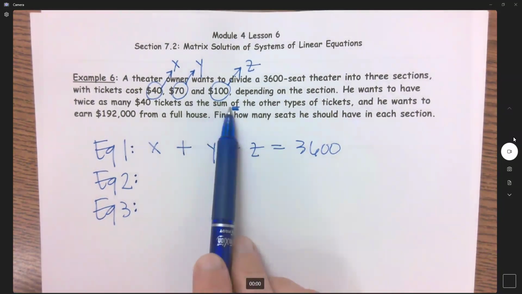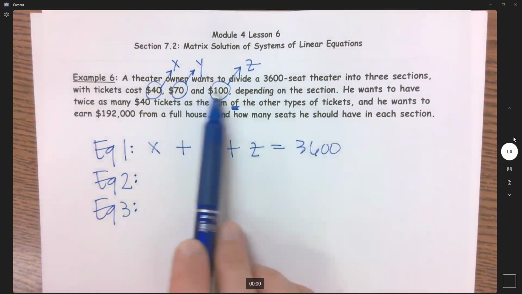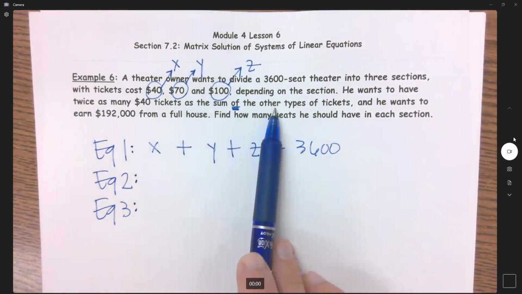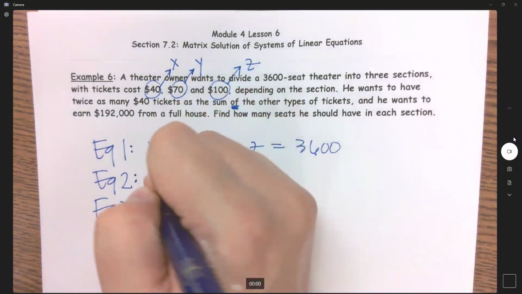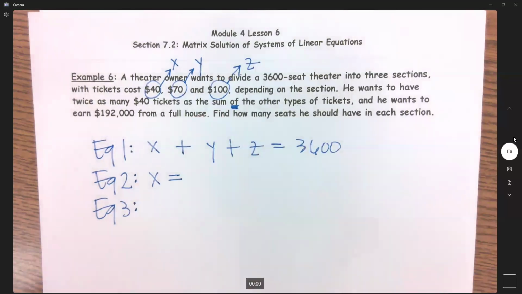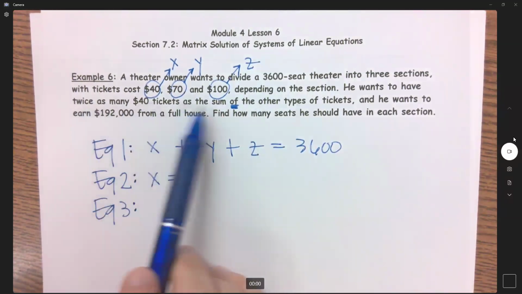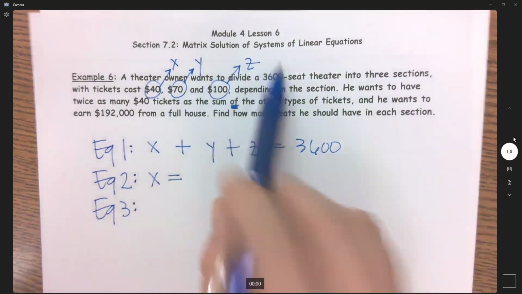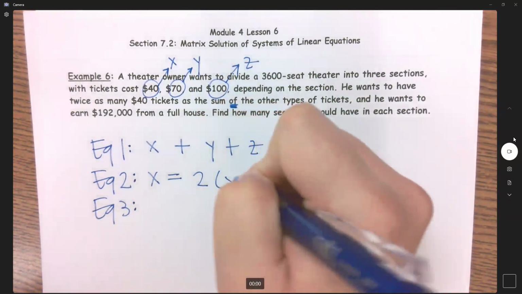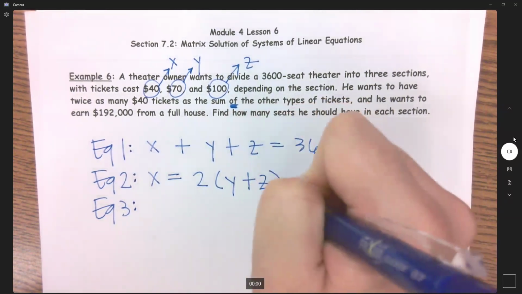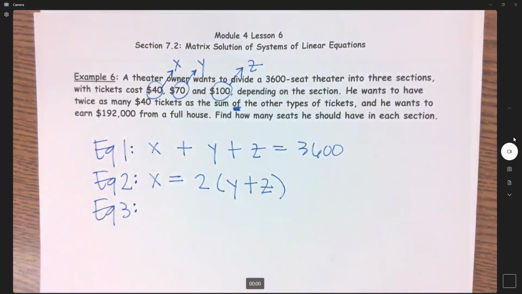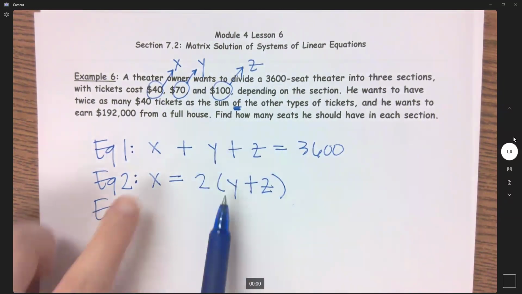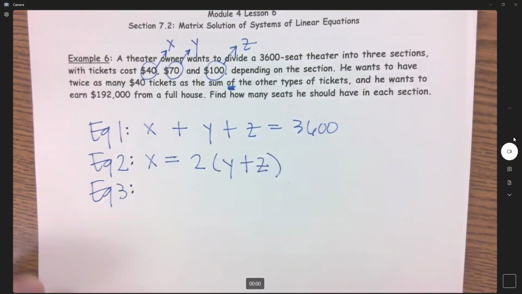So I want the sum of the other types of tickets, meaning the 70 and 100, and I need twice the sum of these tickets. So my $40 tickets, which is X, equals 2 times the sum of Y and Z. When we get our X, Y, and Z, I'm going to show you how when we plug all those values in, these will be equal to each other.